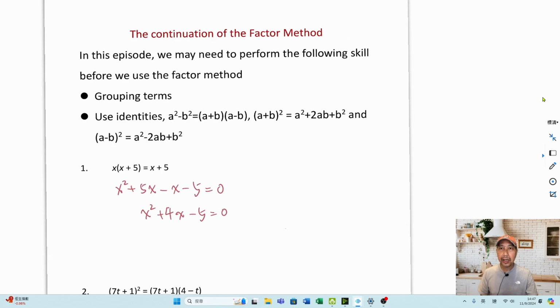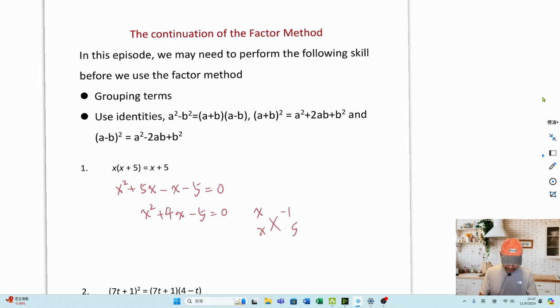You can use the calculator, but this one is very easy. If you use the factor method, it is really easy. It should be negative 1 and positive 5. Negative 1x plus 5x is positive 4x.